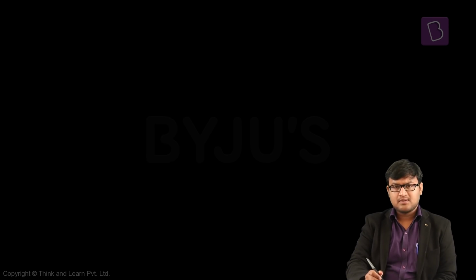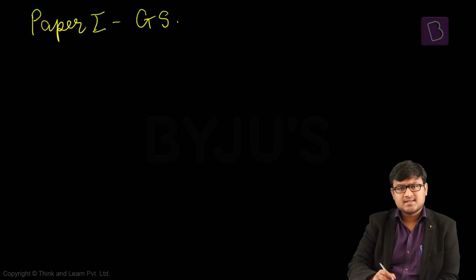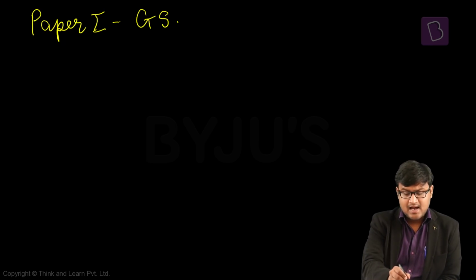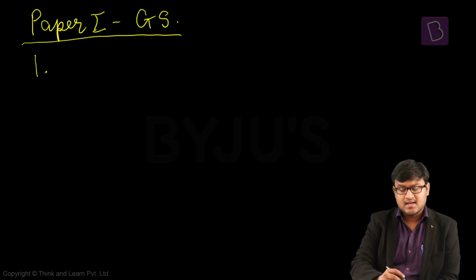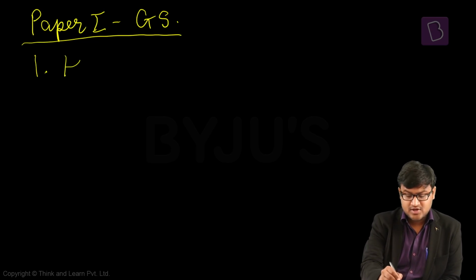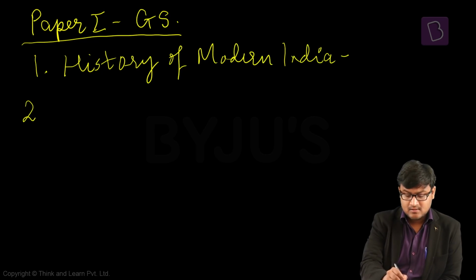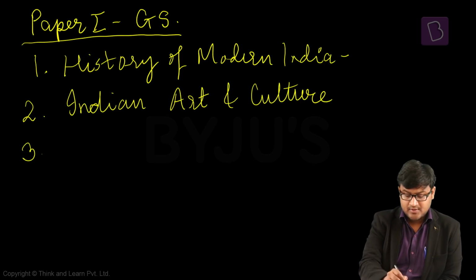First, we'll start with paper 1, which is General Studies. If you see the UPSC syllabus, you will see there are these broad topics in the syllabus. First one is your History of Modern India. Second is Indian Art and Culture. Third one is Geography.